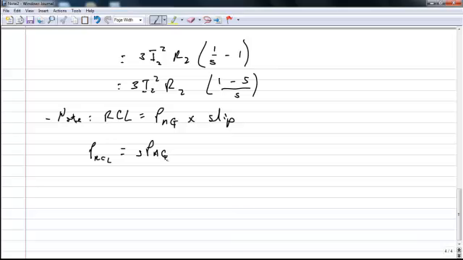And if we write, finally, the output power, P out, would be equal to the converted power minus some losses, friction and windage, and then any other miscellaneous losses.